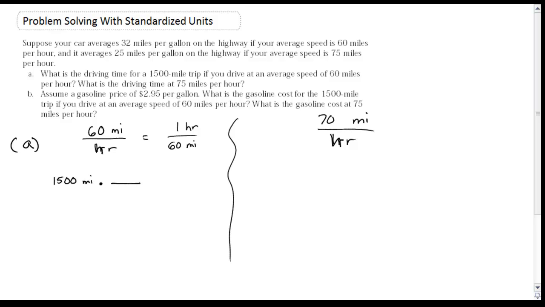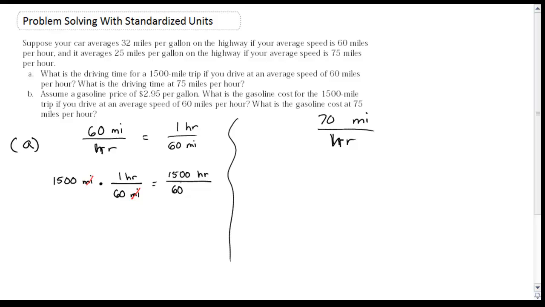So in this one, I'm multiplying by, if I want to get rid of miles, 60 miles and 1 hour. And what happens here, the miles cancel. I get 1,500 with a label of hours on top over 60.